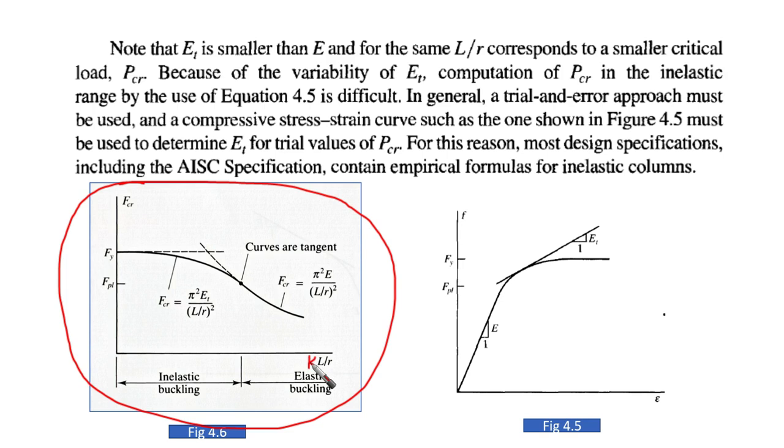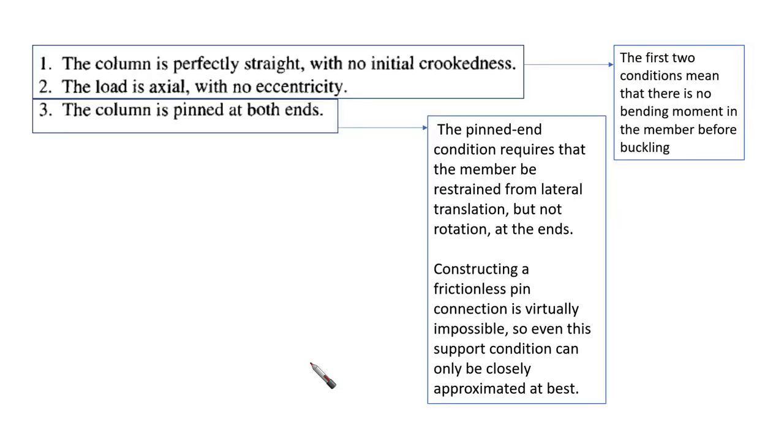Okay? Now let's go. I already mentioned these three assumptions, and why we need all of them. The first two conditions mean that there is no bending moment in the member before buckling. And the last one, the column pinned at both ends: the pinned end condition requires that the member be restrained from lateral translation but not rotation at the end.